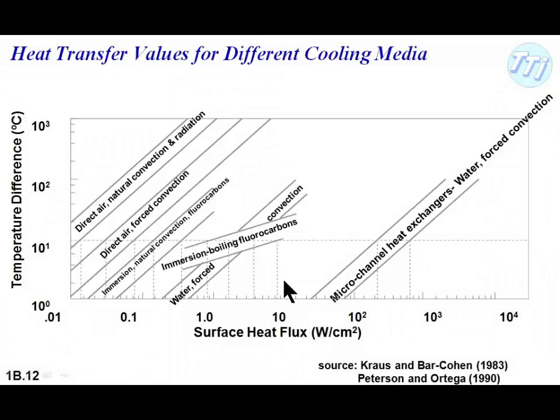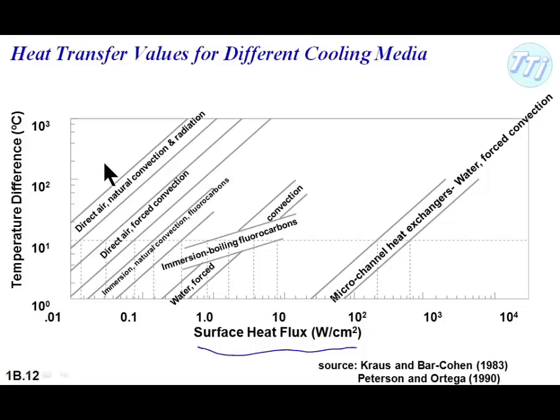For some of those things shown in that previous slide, here are the different cooling techniques. What's shown here is just to give you a rough comparison of how one technique compares to another. And what's plotted here is temperature difference, say, the temperature of your device versus the temperature of your cooling medium, versus heat flux, watts per square centimeter.